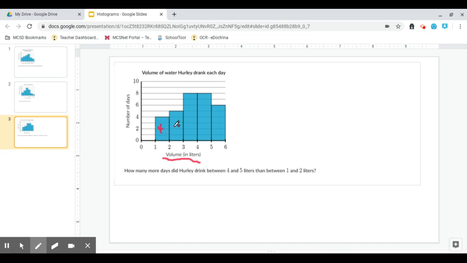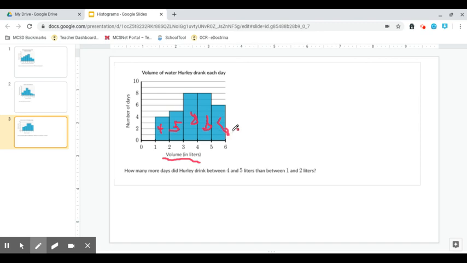Between 2 and 3, 5 of those. Between 3 and 4, 8. Between 4 and 5, 8. Between 5 and 6, you get 6.